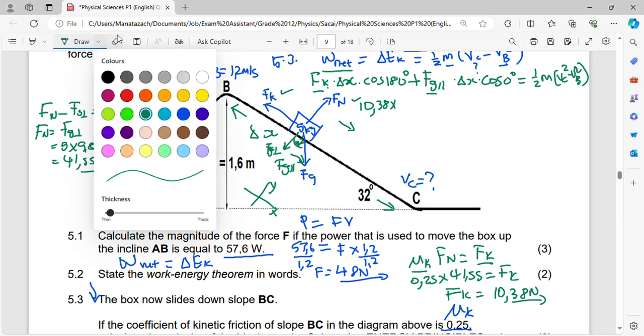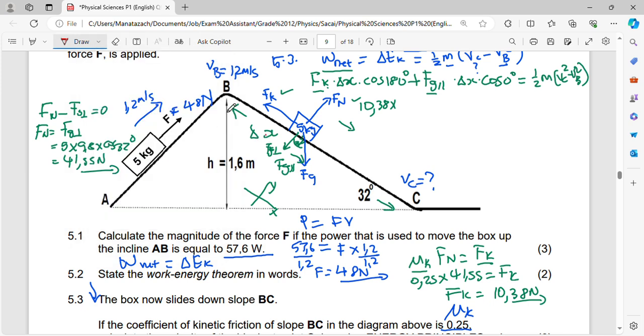I've got this vertical height 1.6 meters, and then I've got the change in x over there, and I've got the angle 32 degrees. I can use my trigonometric ratio of sin of an angle to get the change in x, right?